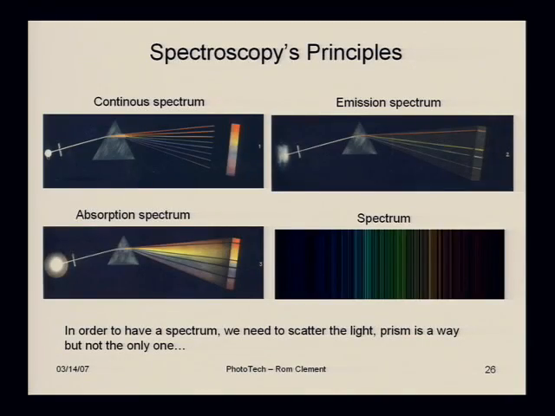The math is a little bit tricky, but it's interesting. So now let's look at diffraction gratings and how they can be very useful for spectroscopy. I'll try not to spend too much time on this slide. Spectroscopy is the analysis of light.